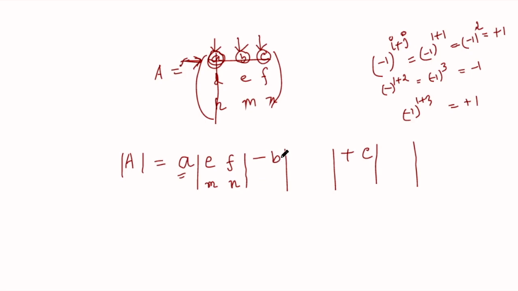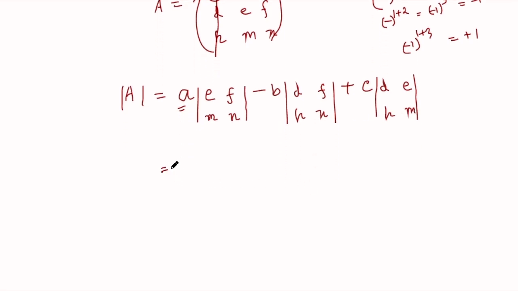And when you are working with b, you need to delete the second column and first row. The submatrix will be d, f, h, n. And when you are working with c, you need to eliminate the third column and first row. The remaining part is d, e, h, m.